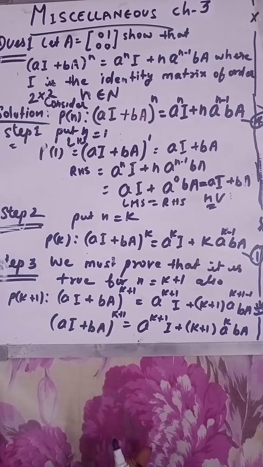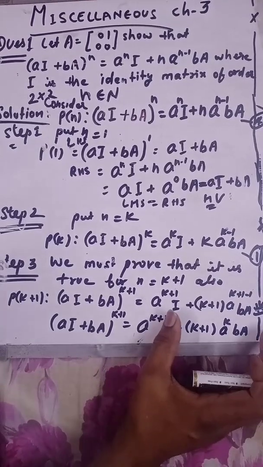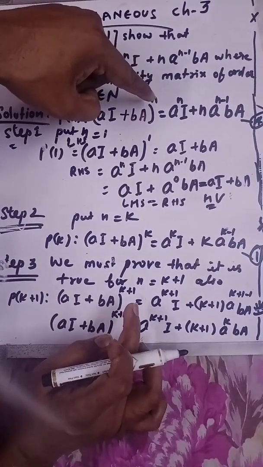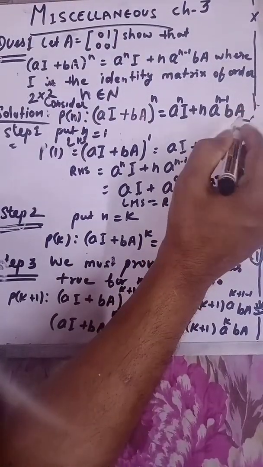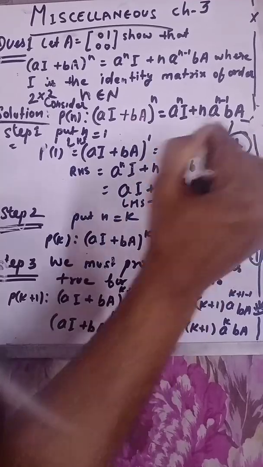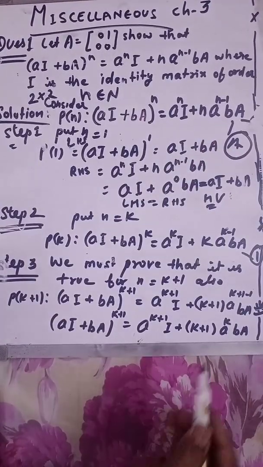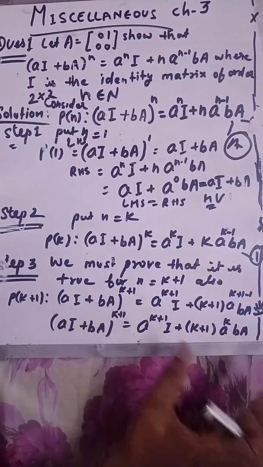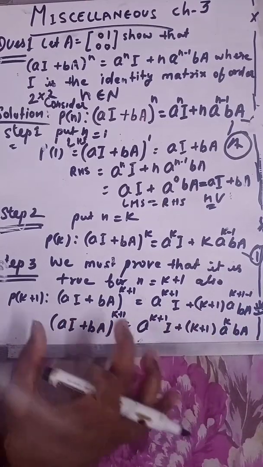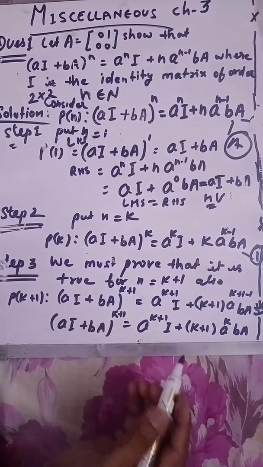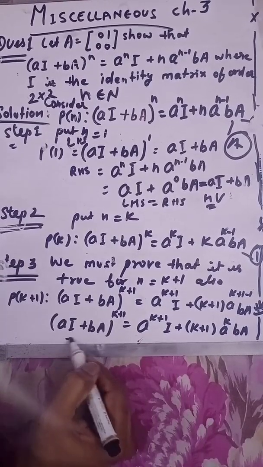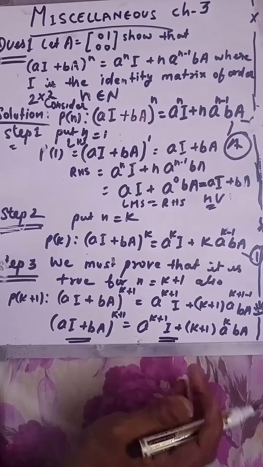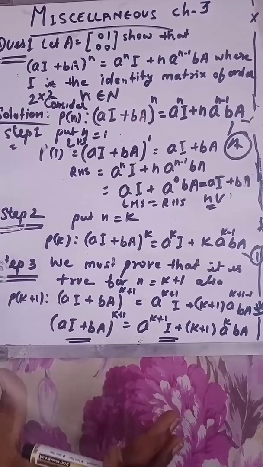Here it is, this is equation number A. I'm just copying this statement here, and now we have to prove that this part is equal to this one. This is what we have to prove.